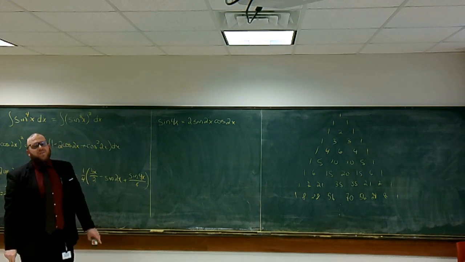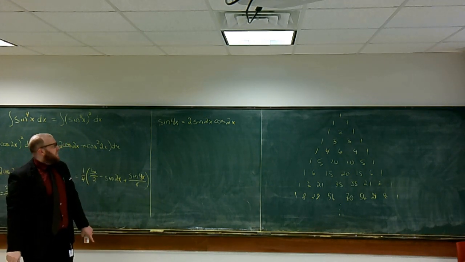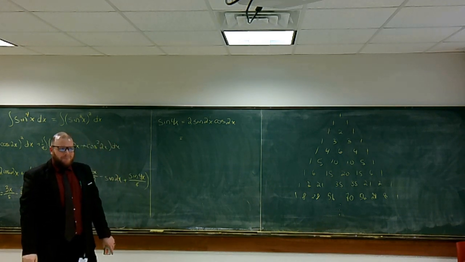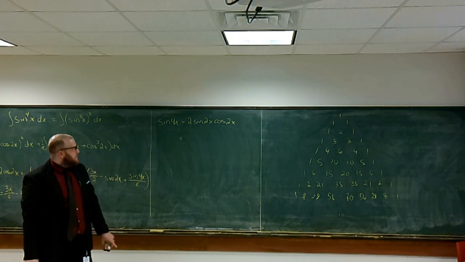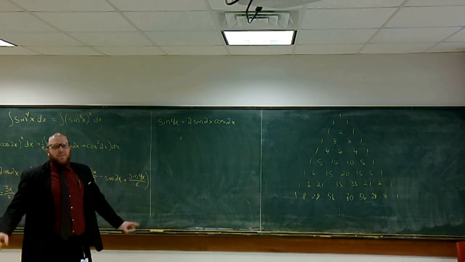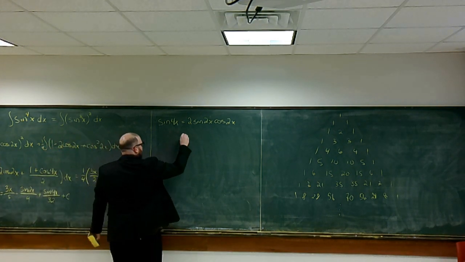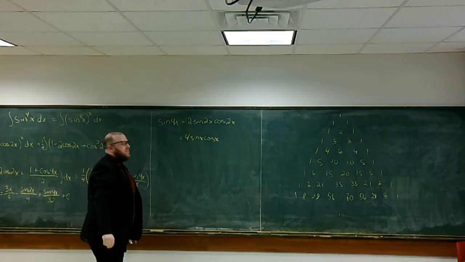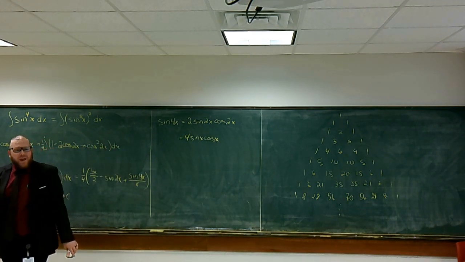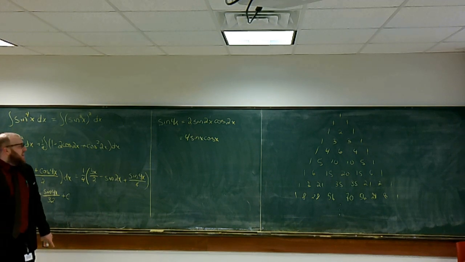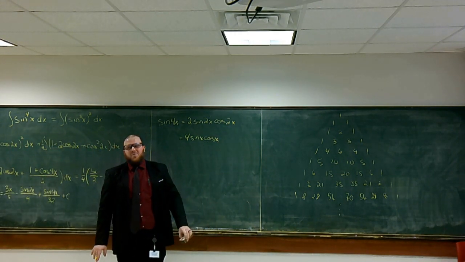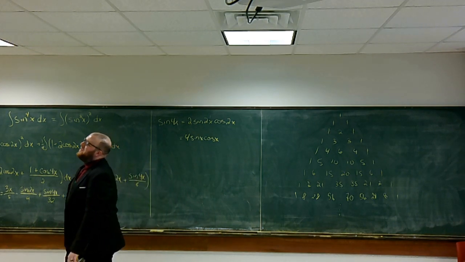Two sine 2x cosine 2x, right? Well, the sine 2x, double angle again. Two sine x cosine x, so now we have 4 sine x cosine x, but we have a cosine of 2x now that we can't have.